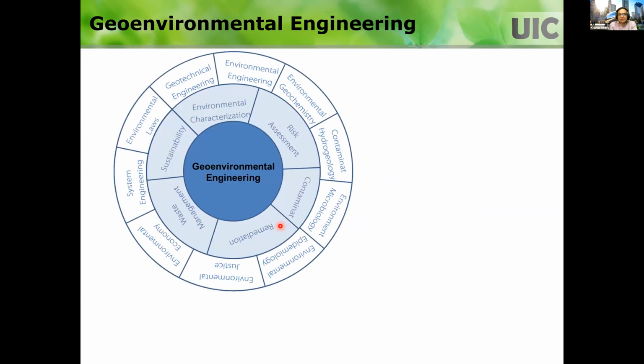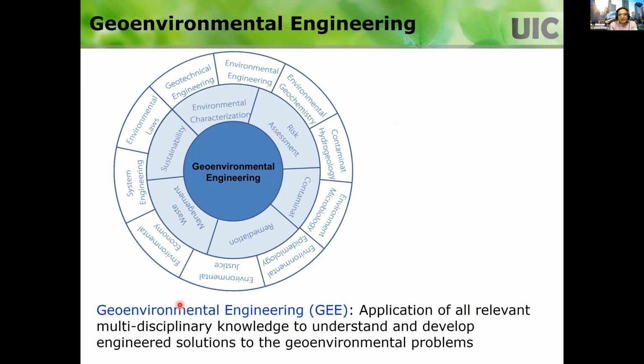But later on, it was realized that this environmental geotechnics is just providing your geotechnical services, but geoenvironmental engineering is much broader than that. So the way we want to define geoenvironmental engineering is as an application of all relevant multidisciplinary knowledge to understand and develop engineered solutions to the geoenvironmental problems.